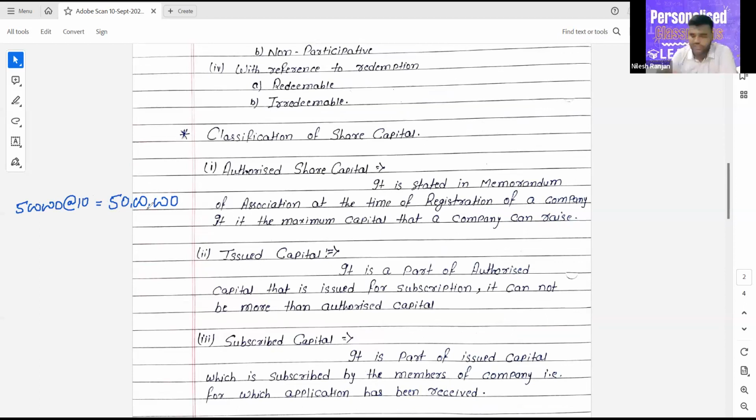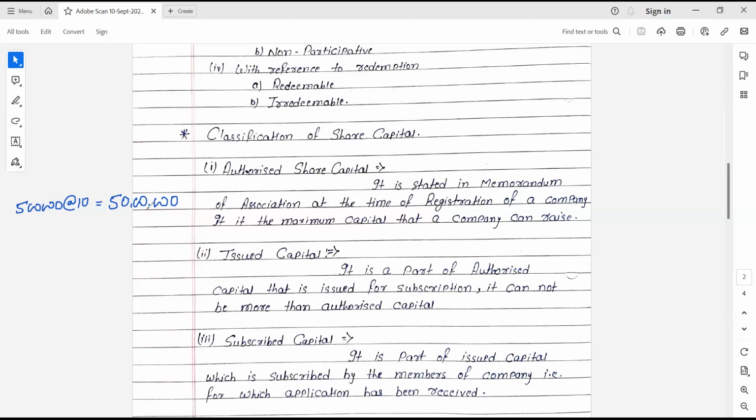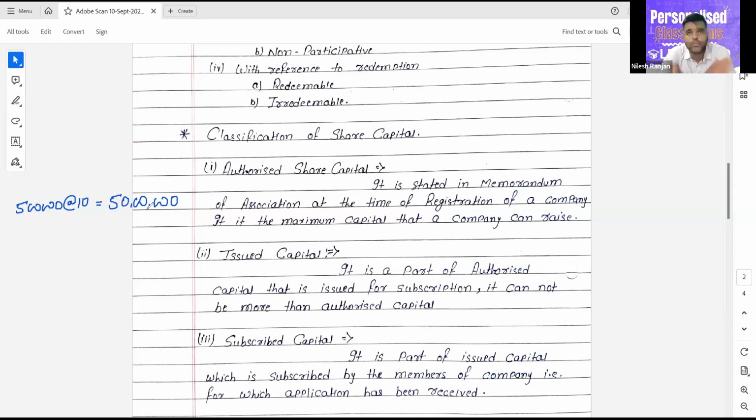Now, generally, a company, when it starts its business, does not need all the money at a single time. If you want to start a business, let's say total capital in your hand is 20 lakh, will you use all the capital at one time? No, sir.